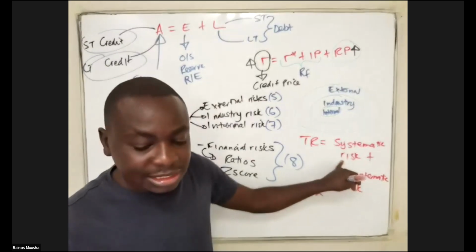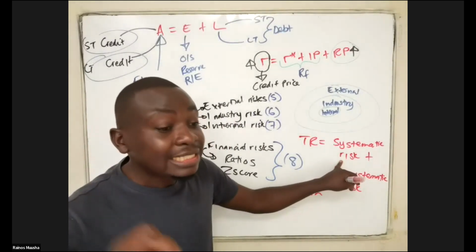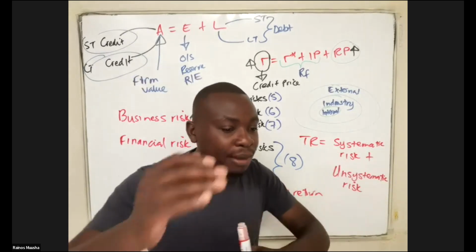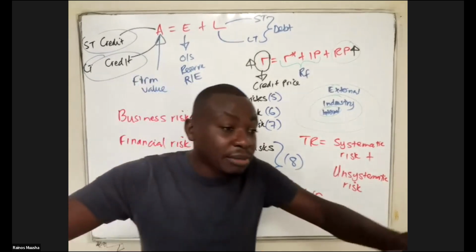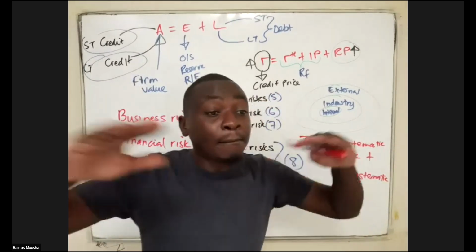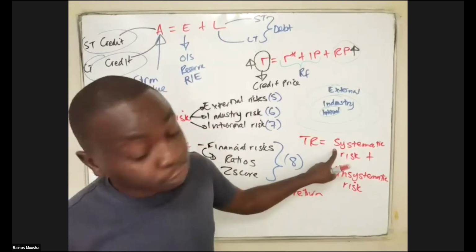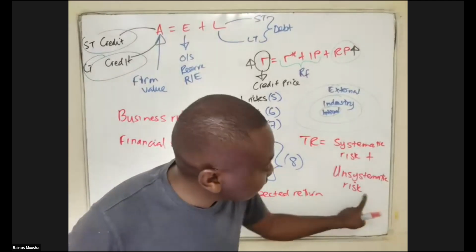Remember, your systematic risk is also sometimes referred to as what? Your non-diversifiable risk, where no matter how many different obligations you have in your credit portfolio, that risk always remains constant because it's from a what? Macroeconomic perspective. So how do you manage this systematic risk of your portfolio? And also, how do you manage this unsystematic risk of your portfolio?